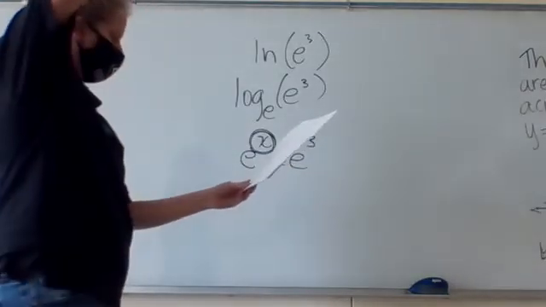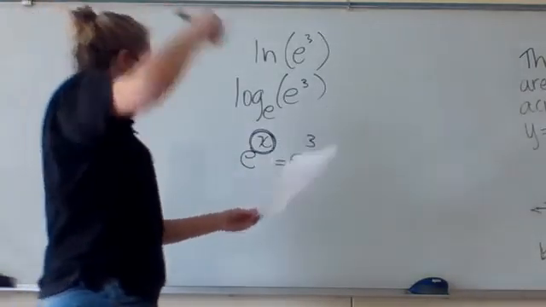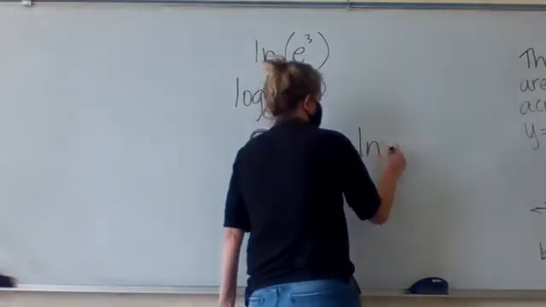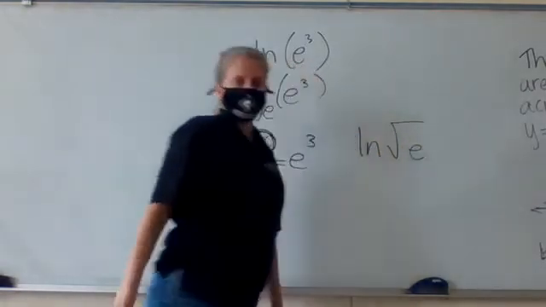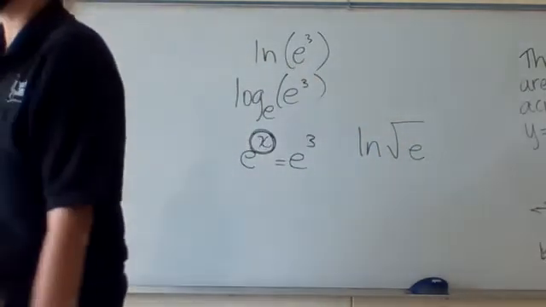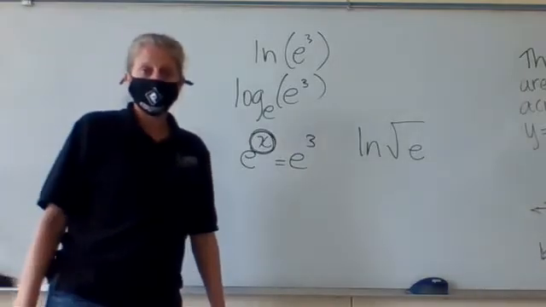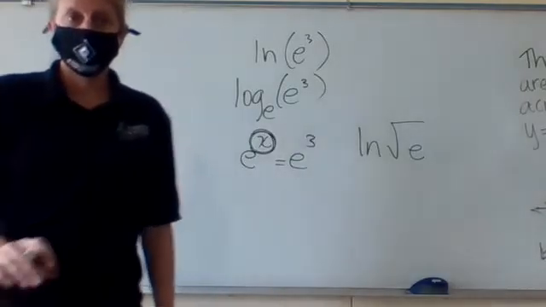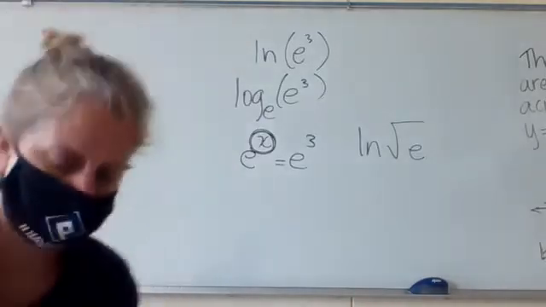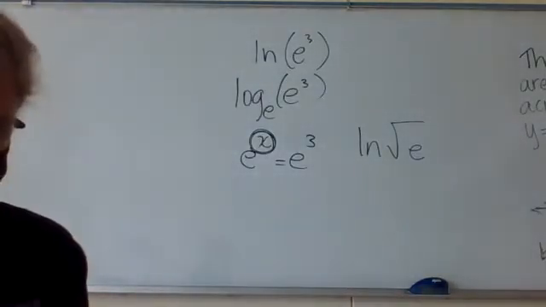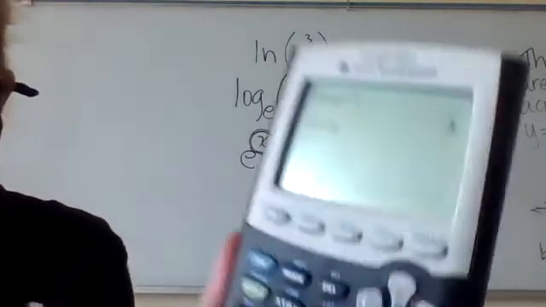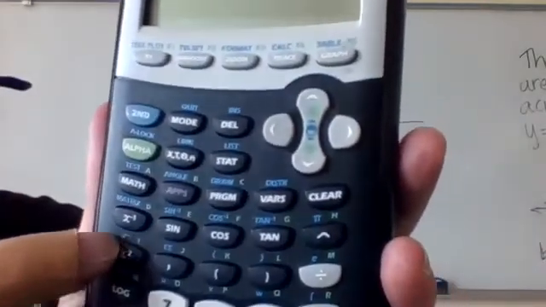Number 16, ln square root of e. So again, I can type that in my calculator, ln. Now, I do have a square root. It's second and then x squared, right?